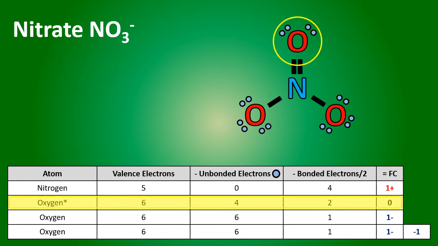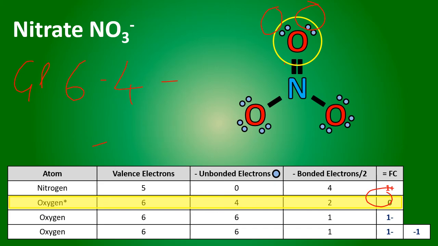We'll look at the first one with this double bond. We've got group 6 for the oxygen, minus 4 unbonded electrons, that's 2 lone pairs, and then minus the 1, 2. So 6 minus 4 minus 2 equals 0, so that's why we come out with a 0 there.